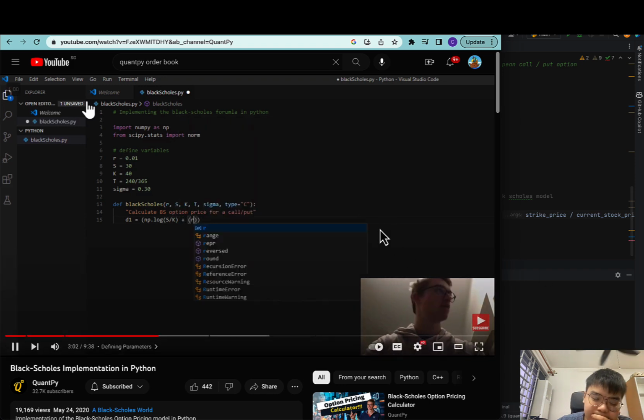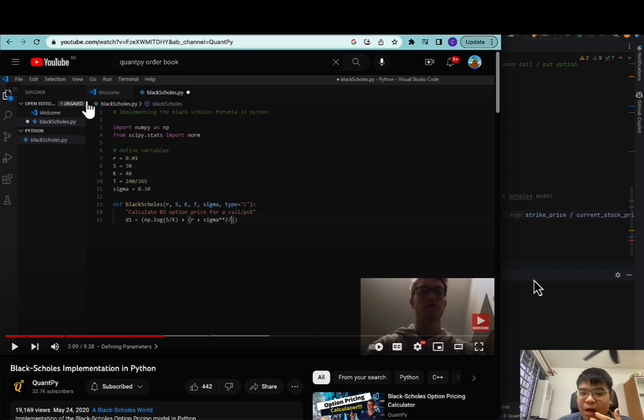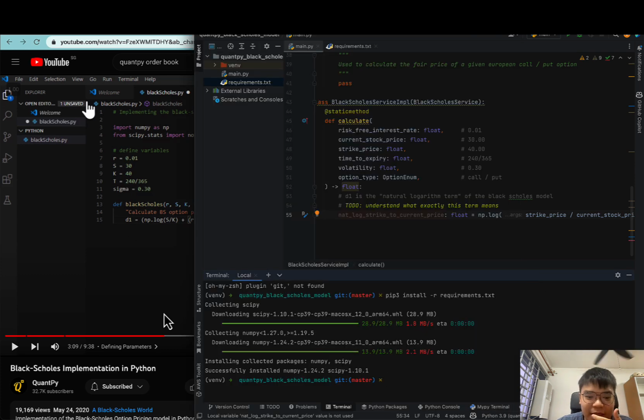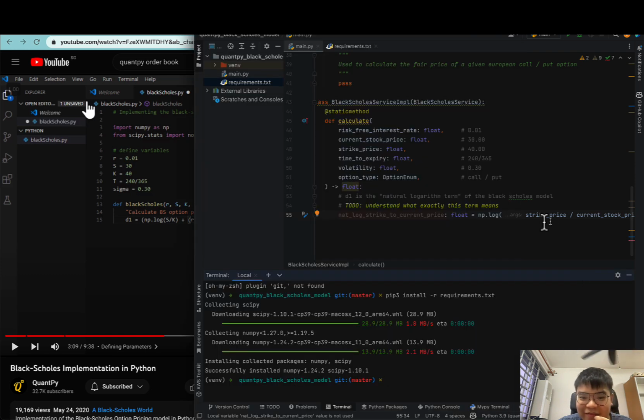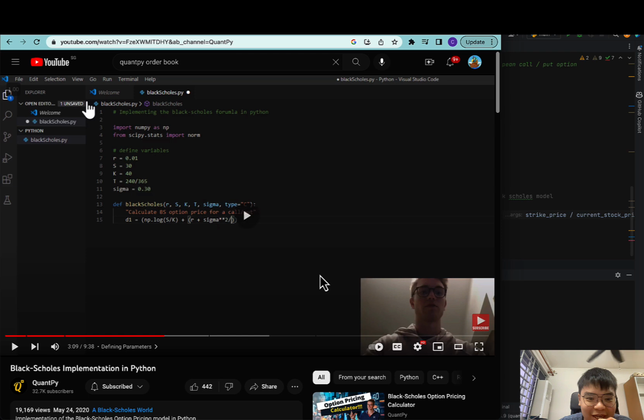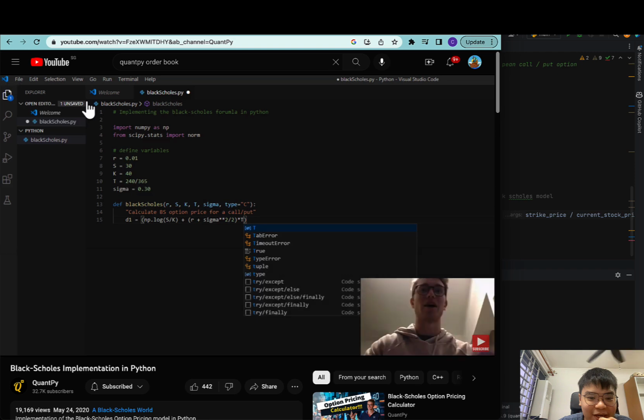Plus the interest rate plus sigma squared divided by 2. Why would you add the interest rates with the volatility? And this is what I forgot in the Excel. You have to multiply that by the time.